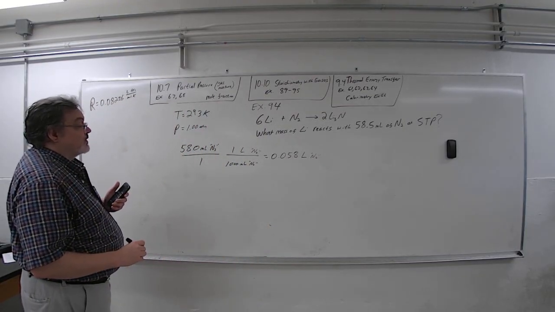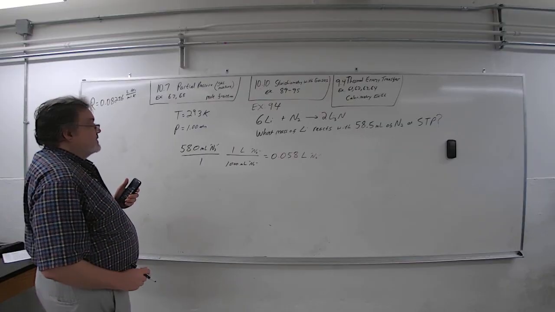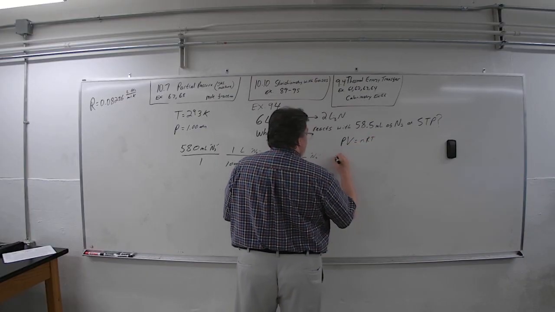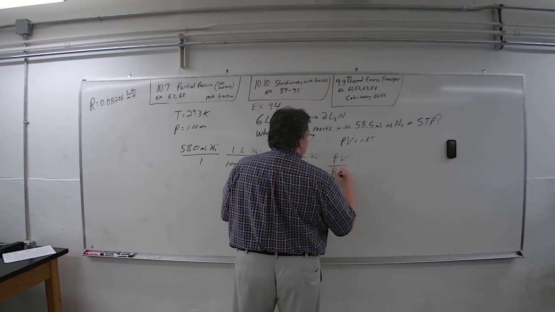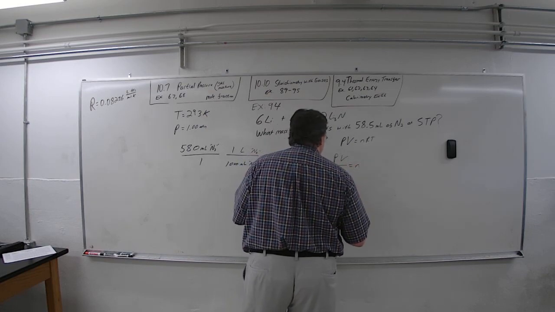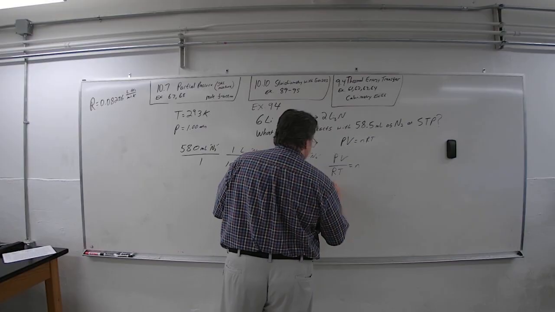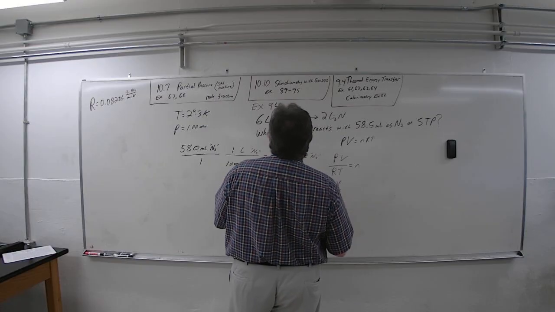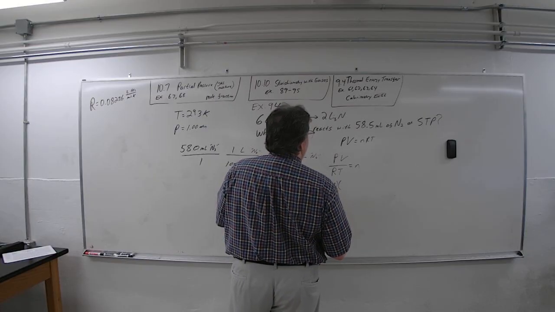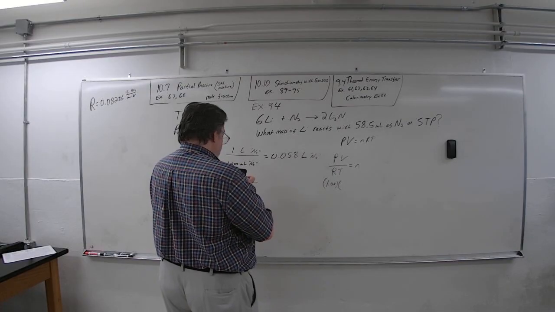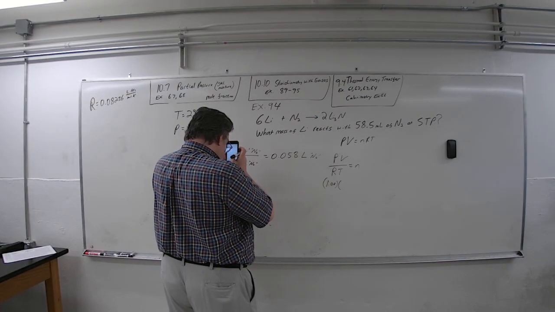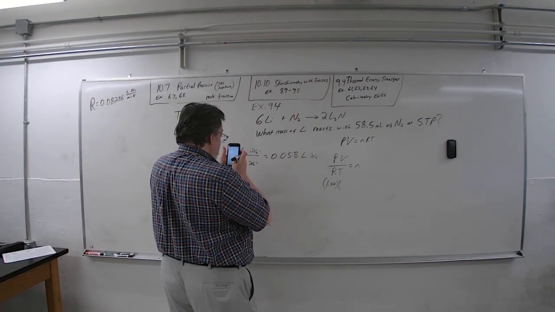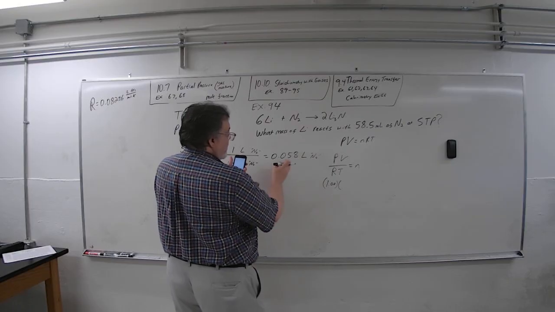Now we can solve for the moles using PV equals nRT. n, pressure is 1, volume, oh, that's the volume.